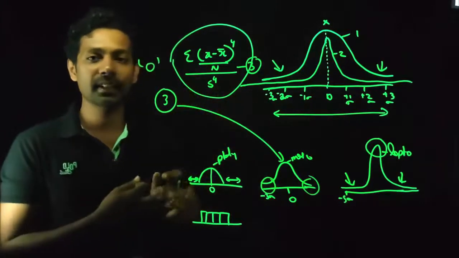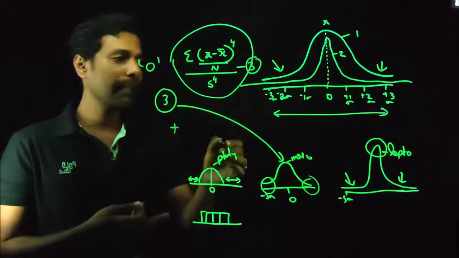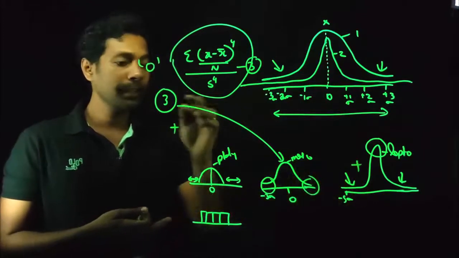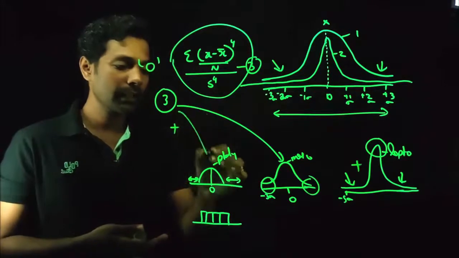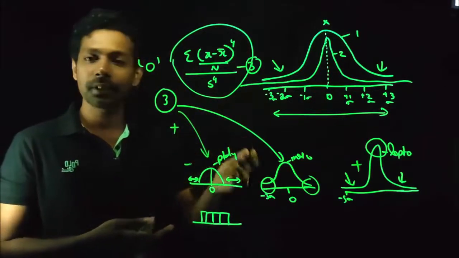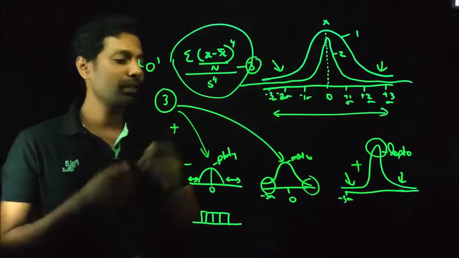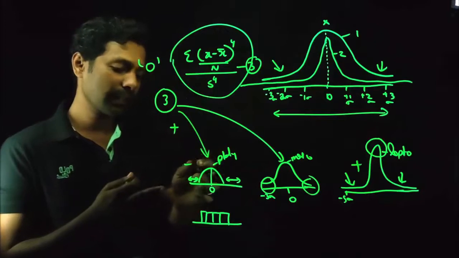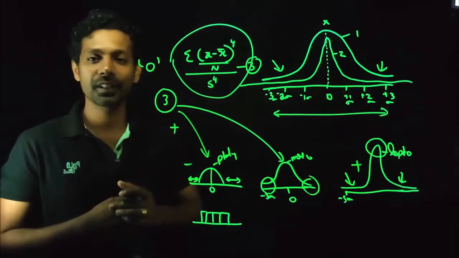This is called excess kurtosis. If excess kurtosis is positive, a higher value, we generally say it's a leptokurtic curve. And if the excess kurtosis is negative, that is a platykurtic curve. So this is the indication of the excess part of the curve, an indication of kurtosis.